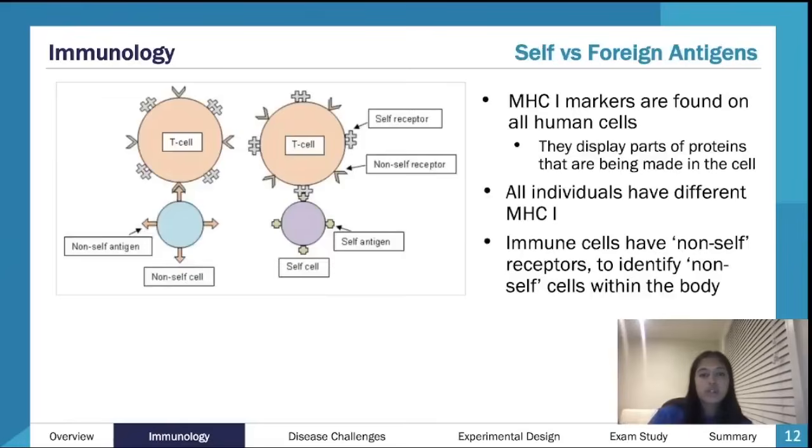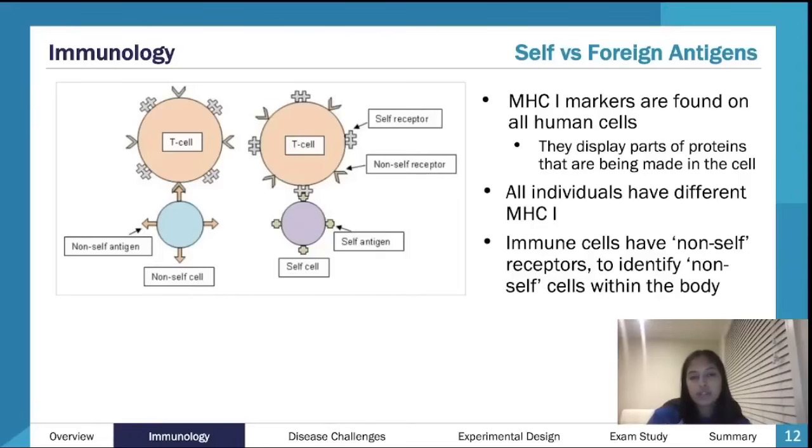Okay, so we'll show a little picture. So here is this idea of self-antigens and non-self antigens. So your T cell, which we'll get into in a little second, is a really important immune cell. So they go around and they can check what's going on. And it's this idea that they have different receptors. If there's a theme for immunity, it's receptors, this idea of things being complementary, matching up, detection, all that sort of thing.